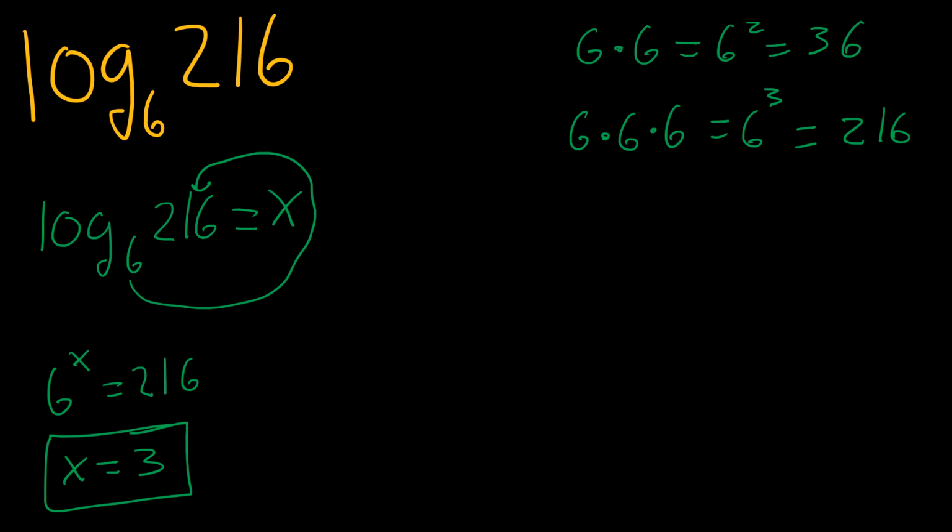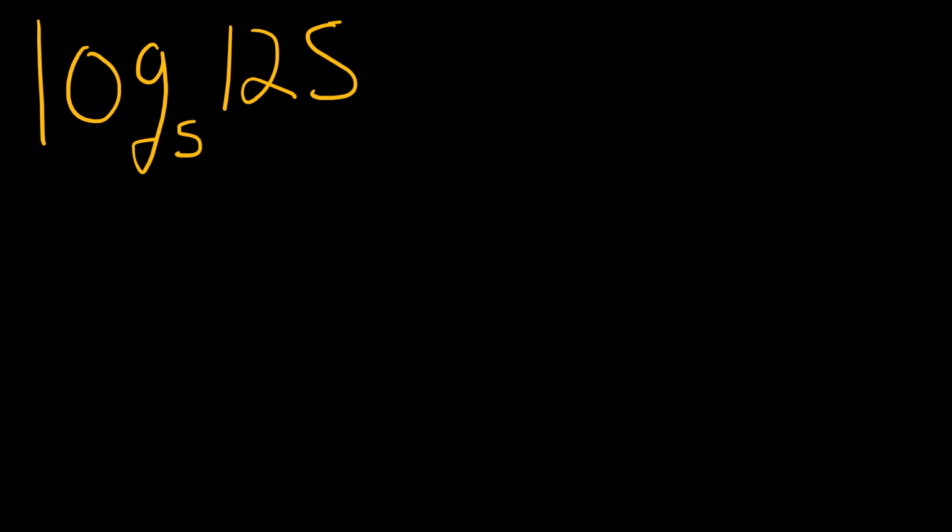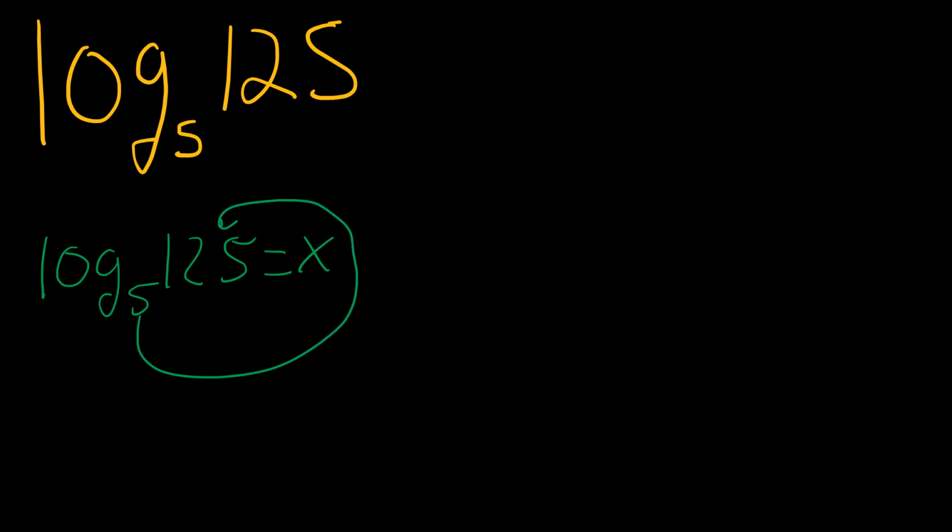Let's work another problem. Let's say we have log base 5 of 125. So I'm going to rewrite the equation: log base 5 of 125. Say that's equal to x. Now I'm going to do the circle trick. And we have 5 raised to the x power gives me 125.